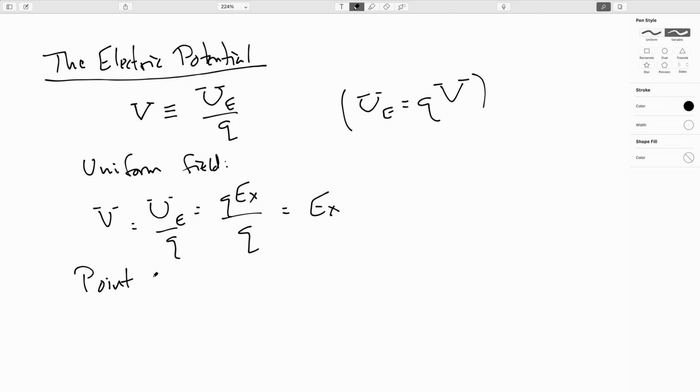Effectively, when you divide out the test charge, we get that the voltage at any point due to a source charge would be 1 over 4 pi epsilon naught, remember, that's our K, times Q, that's our source charge, over R, the distance to the location in space. So this is, again, a value associated with the location in space. And then it's just saying, if I choose to put a charge at that location, the electric potential energy of the whole universe now is that number times the charge I put at that location.